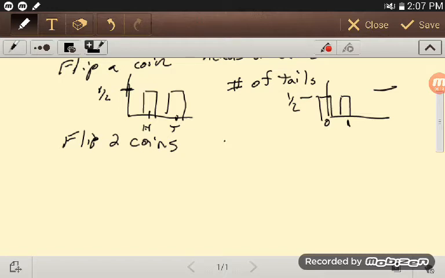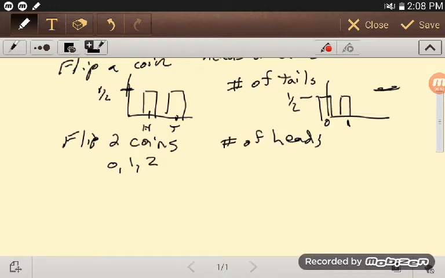So if I switch now to numbers of heads with 2 coins, I could have 0, 1, or 2. And that's my population. Up here, my population in numbers of tails was 0 or 1, and in numbers of heads was 0 or 1. Same thing here: flip 2 coins, I can get either 0, 1, or 2 heads.